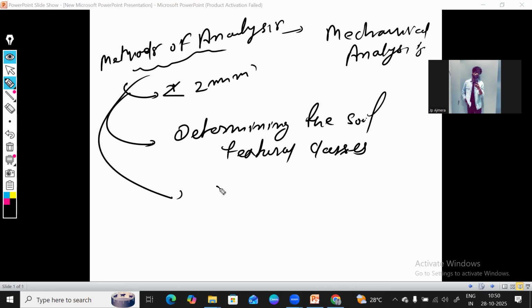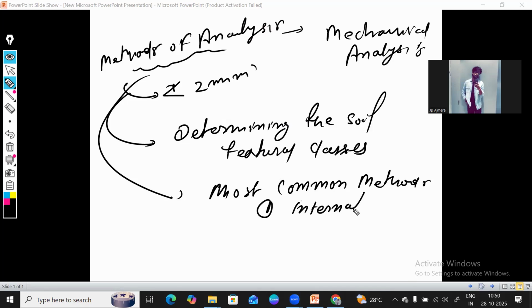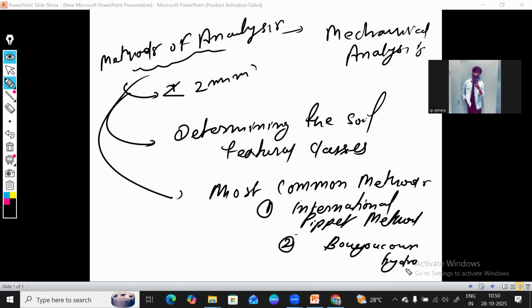Which are the most common methods? The first one is the international pipette method, and the second one is the Bouyoucos hydrometer method.